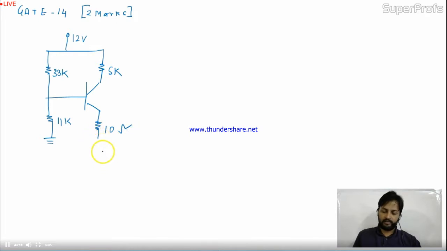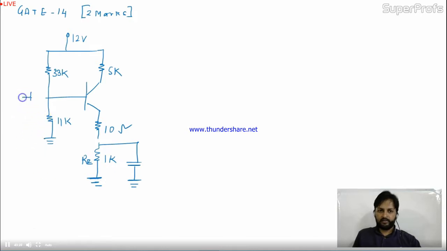This is RS given. This is RE given, 1K, and RE in parallel with a capacitor. This is grounded. Over here I have 1 microfarad, and this is Vin. I'm applying it over here, and over here I'm taking the output. This is 1 microfarad given.